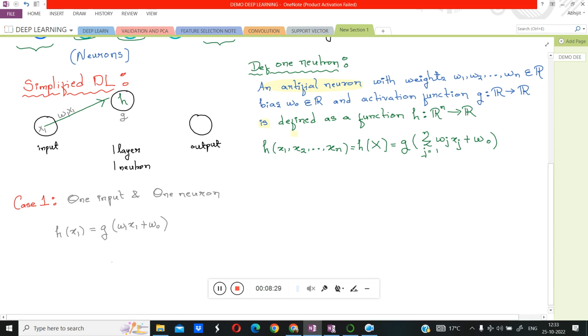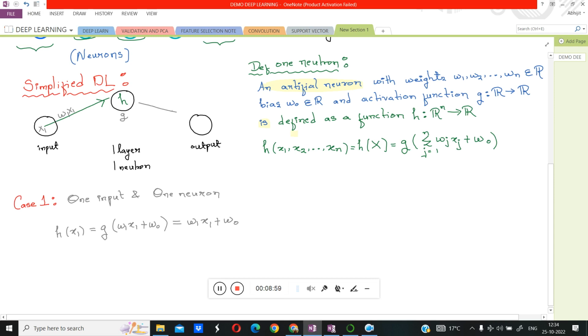Let me write the activation function sitting here. What is g? g can be many functions, but let us assume that the function g is just something that gives out whatever it eats. Any simple function. If it eats w1 x1 and gives out the same, then h1 of x1 is w1 x1.